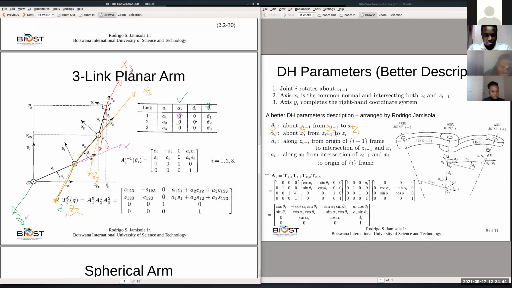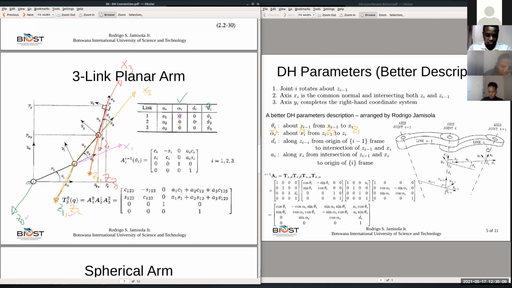So you stick out your thumb again in Z3, put your thumb there along Z3, and then now your Z2, you can bring it down here for ease, and bring down X3 here. That is your X2, but that is your Z2, but this is also your Z3 because they are parallel.